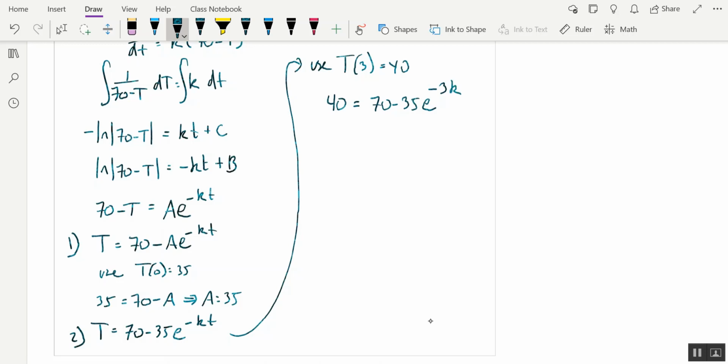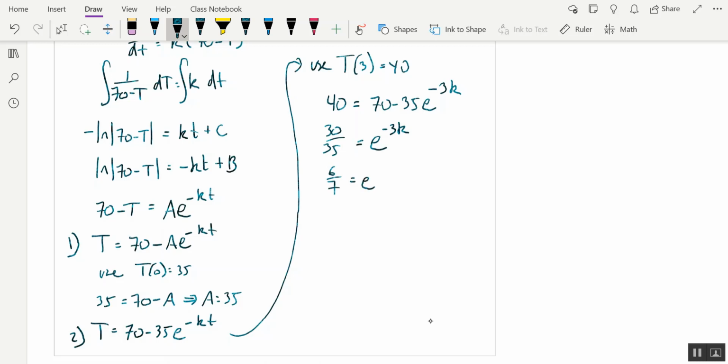Need to solve for k. So I'm going to subtract 70 from both sides to get negative 30 and divide by negative 35. So on this side, I'll have 30 over 35, and on this side, I'll have e to the negative 3k. Now, 30 over 35 is 6 over 7.